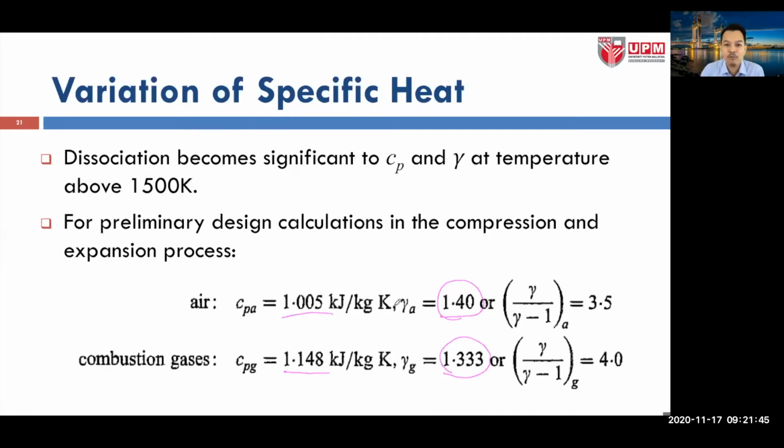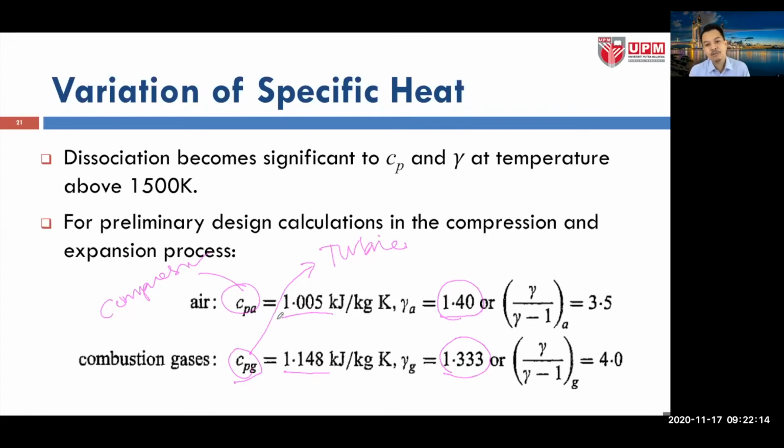So these four values for the Cp as well as for the gamma, you must be very careful whenever you treat them. For example, for the turbine, you must use the value for the gas, while for the compressor, you use the value for the air.